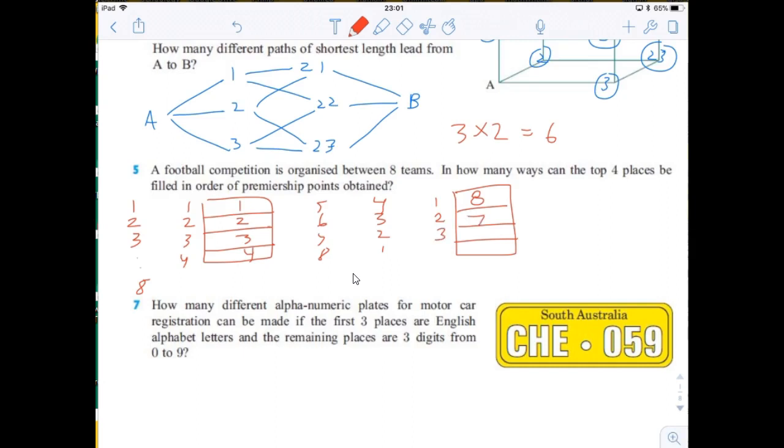In the third position, you can only choose from 6 teams. And in the fourth position, you can only choose from 5 teams. So we can find the number of ways we can fill in those slots by doing 8 times 7 times 6 times 5. That would be 1,680.